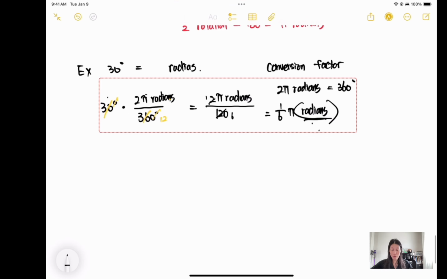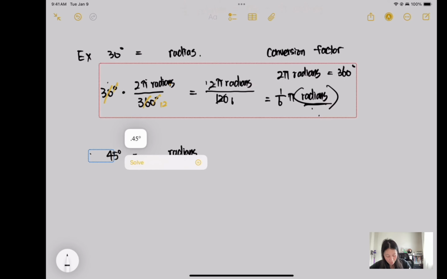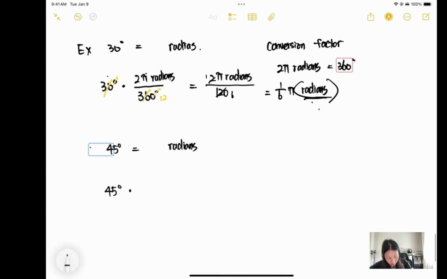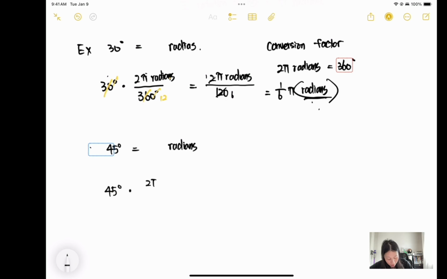Now, let's do more exercise, such as how do I convert 45 degree to radians? Again, I have 45 degree times the conversion factor. For every 2 pi radians is in 360 degree.